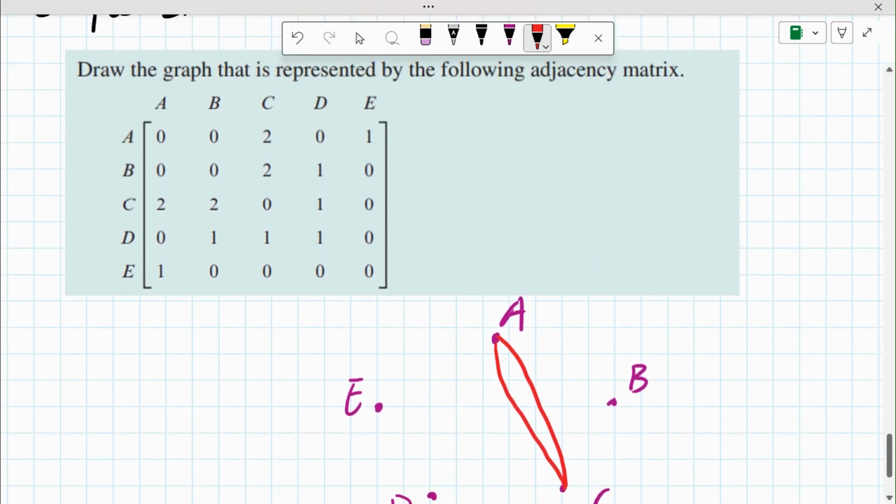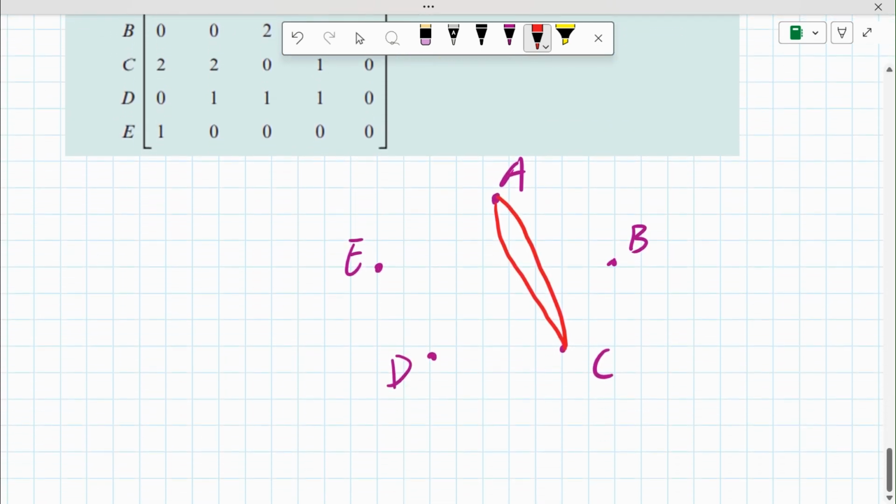A to D, there's no connection, and A to E, there's only 1 connection.